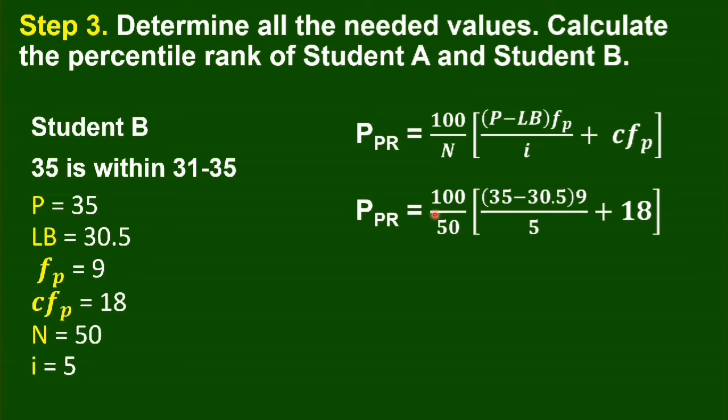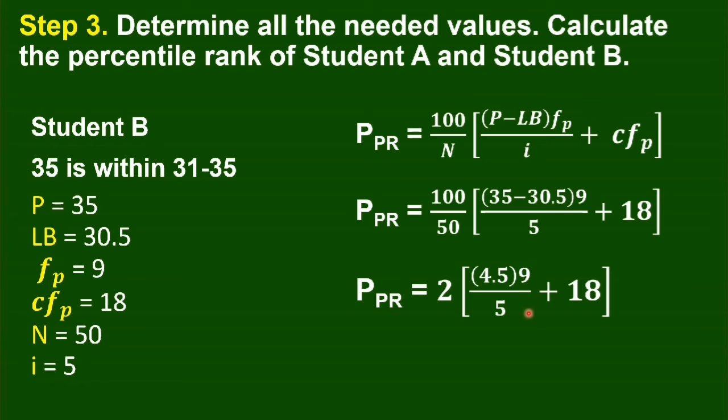Percentile rank equals 100 over 50 times the quantity 35 minus 30.5 times 9 all over 5 plus 18. So evaluating this, we have percentile rank equals 2 times the quantity 4.5 times 9 all over 5 plus 18. So it's equal to 52.20. The percentile rank of student B is 52.20.